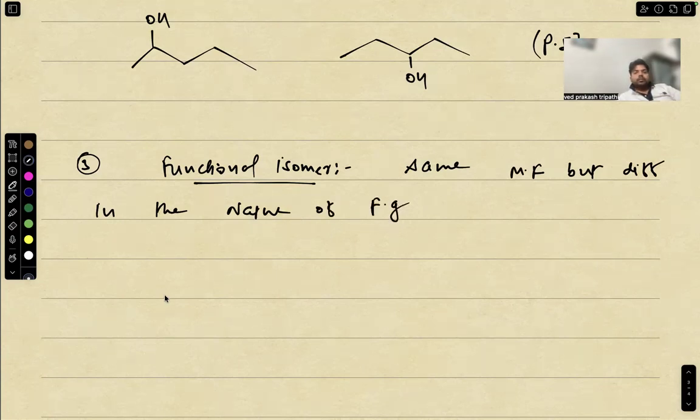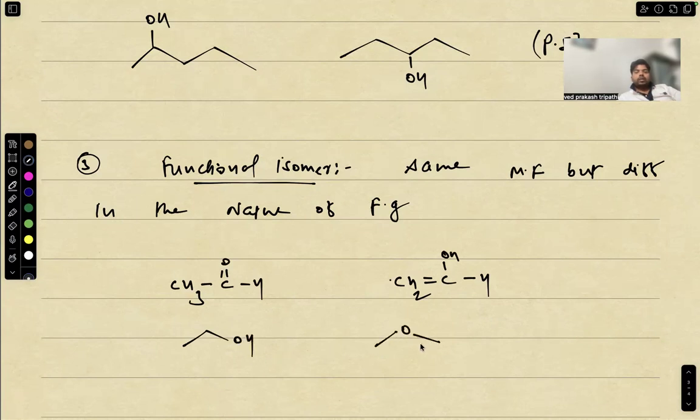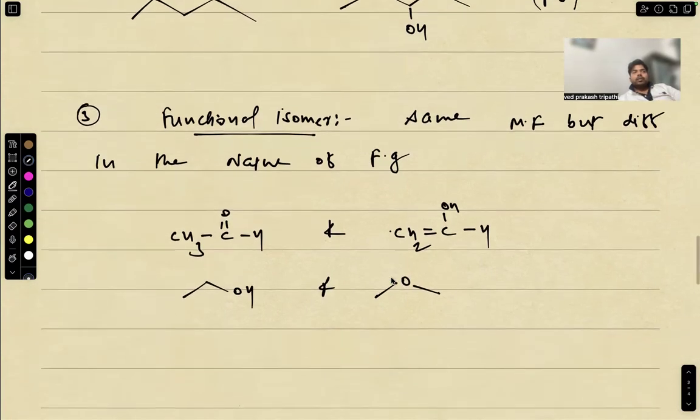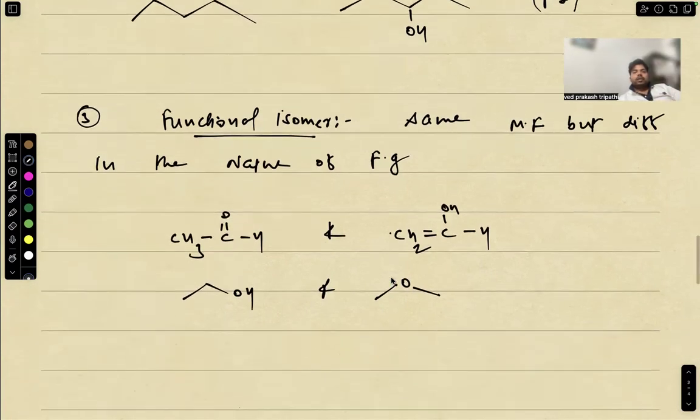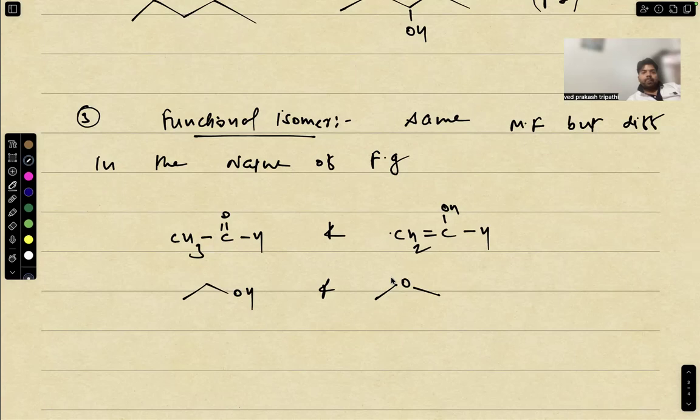For example, this is aldehyde and this one is an alcohol. This one is an alcohol and this one is an ether. So this is called functional isomer. So we have done chain, position, functional isomer.